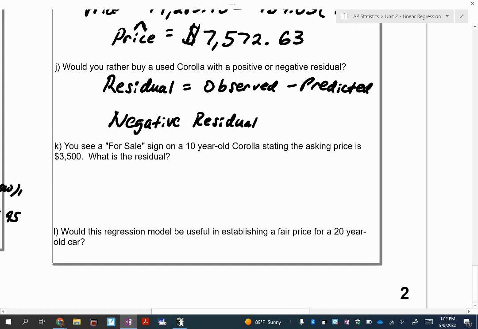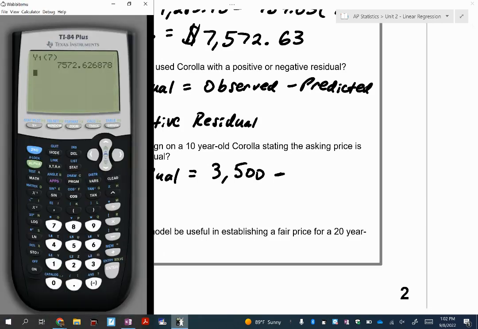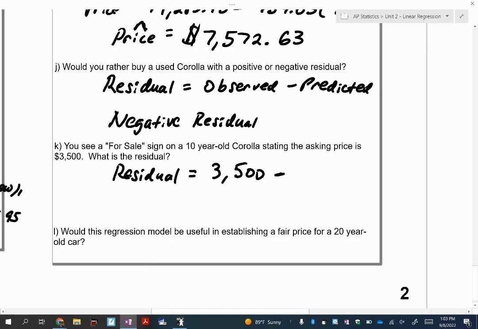You see a for sale sign on a 10-year-old Corolla stating the asking price is $3,500. What is the residual? Residual is observed minus predicted. So $3,500 is the observed, what they're actually asking, minus the prediction. I go to the calculator, hit vars, function, y1, and this time I'm doing 10 years old, which is 4695.49.